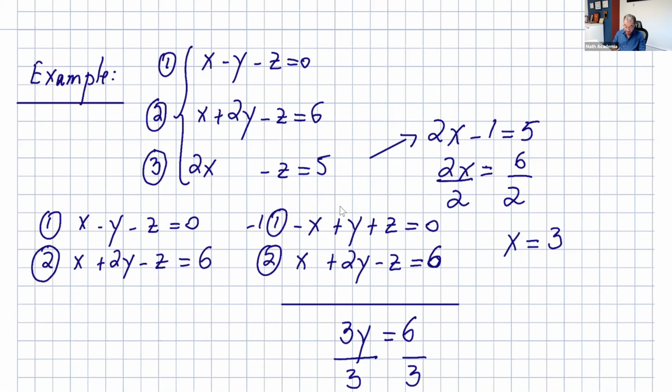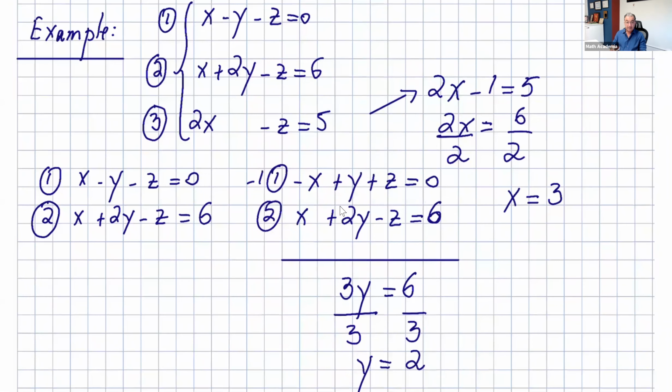So we have x minus y minus z equals 0, x plus 2y minus z equals 6, and 2x minus z equals 5. There are several ways to do this, but one way is to pick 1 and 2 and eliminate a variable there. I decided to eliminate x. So you can multiply 1 by -1, and you get negative x plus y plus z equals 0.